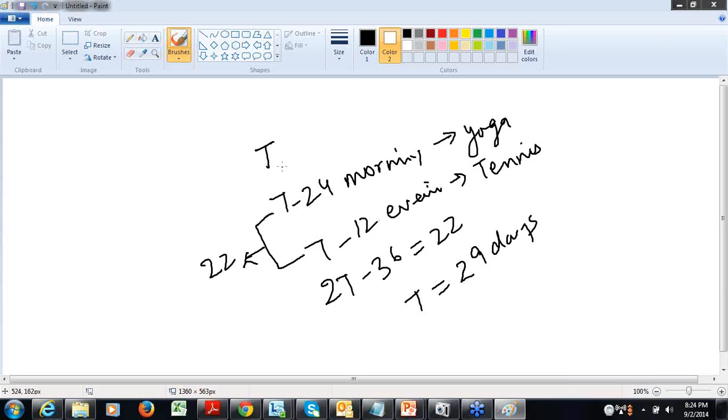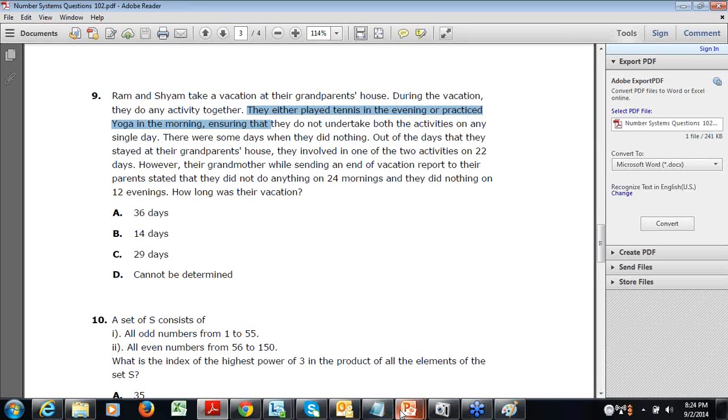That means if T is the total number of days, then on T minus 24 days they practiced yoga, and on T minus 12 evenings they played tennis. And both of these sums should be equal to what? 22 days.